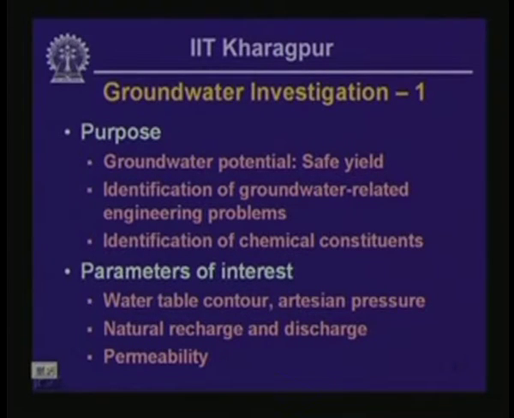Secondly, we would like to be able to estimate the natural recharge and discharge affecting a groundwater source, and thirdly, we would like to get an estimate of the permeability of the underground geological formation that is used as groundwater source.